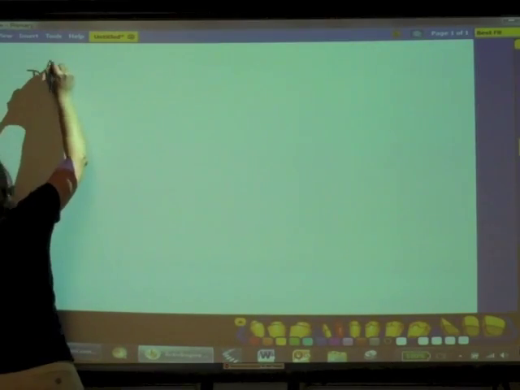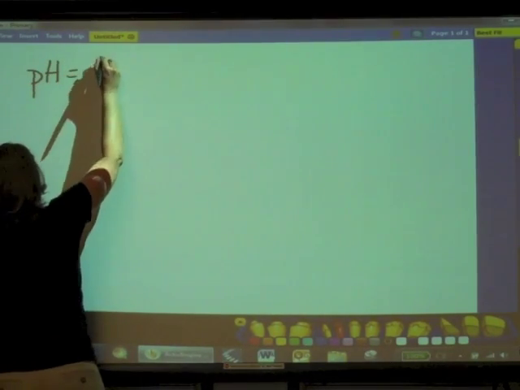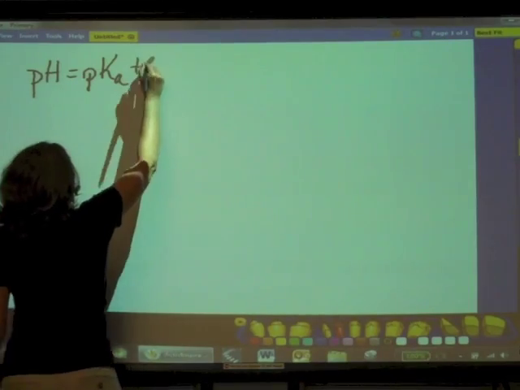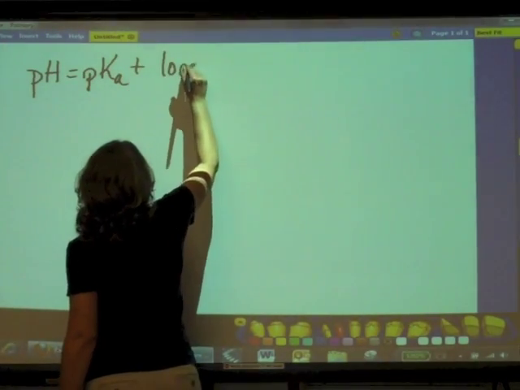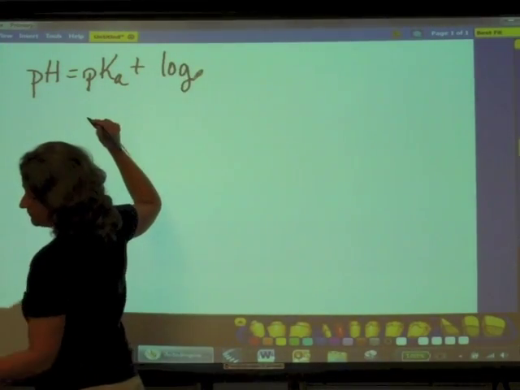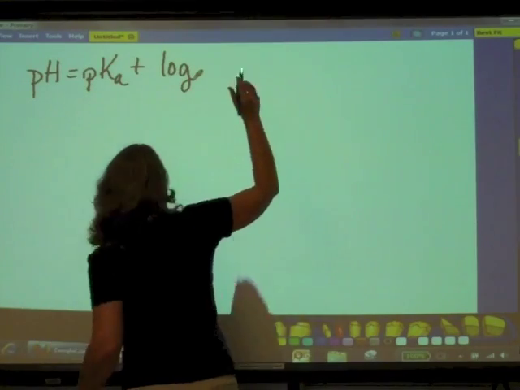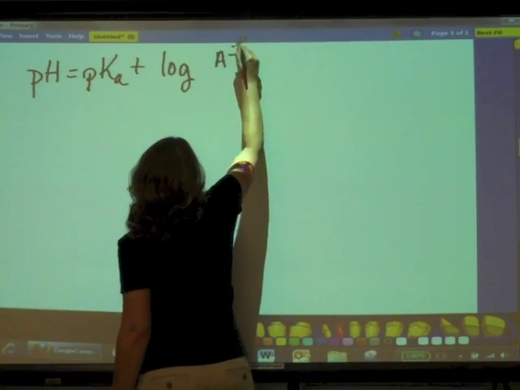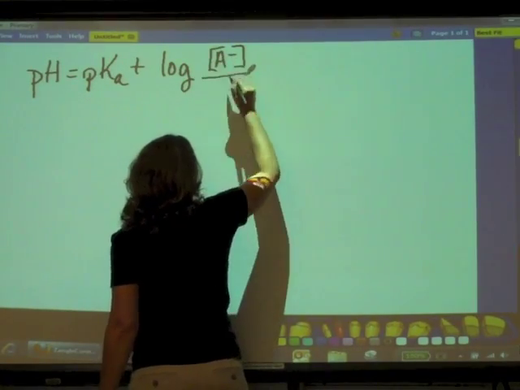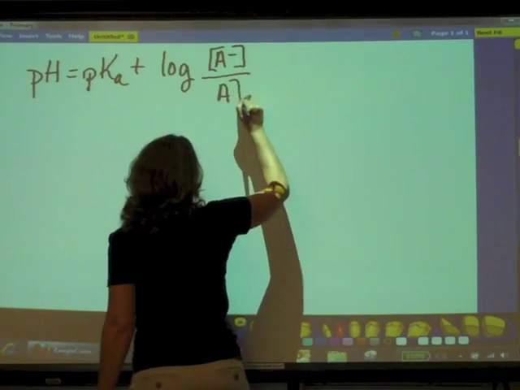pH equals pKa plus the log of A minus over the acid.